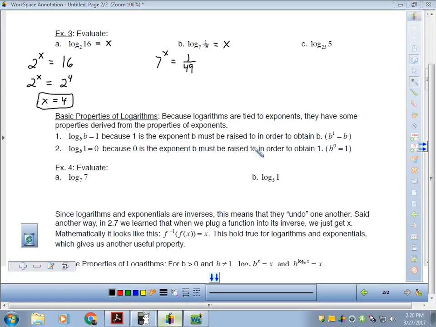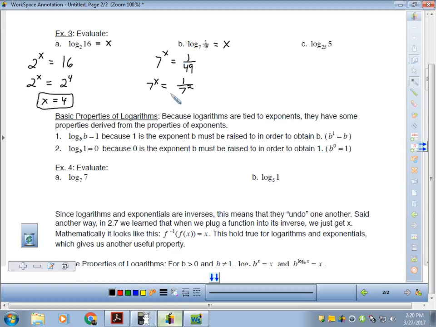All right. So now I need to figure out, is there a common base for 7 and 49? And there is. It's 7. So I can leave this as 7 to the x. And this one I can rewrite as 1 over 7 squared, because 49 is 7 squared. But here's the thing. If you have a power in the bottom of a fraction, what was it originally?